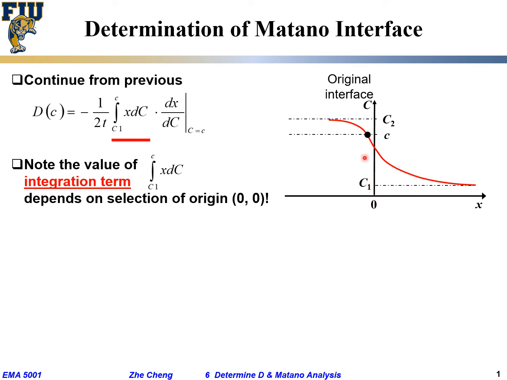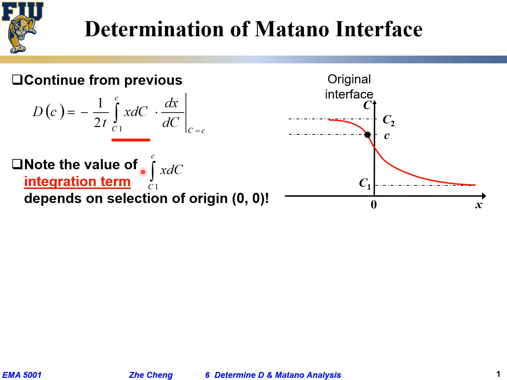C1 is fixed. Small c is fixed. But the exact value that I'm going to do integration depends on where I place my vertical or c-axis.